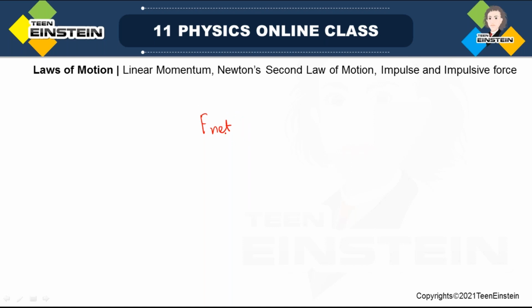If we want to analyze that, we need to have a physical parameter which has a direct relationship, or which can change with the external applied force. So that parameter is the linear momentum. That's why we have to learn what is linear momentum, and how it depends on various parameters. That thing we'll learn first.